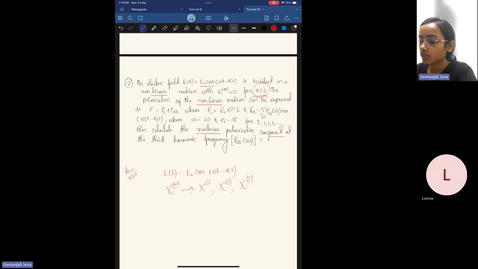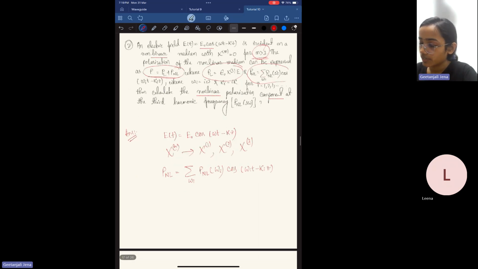The polarization of the nonlinear medium can be expressed as P equals PL plus PNL. This we have already seen in the lecture. The PL expression is epsilon chi 1 E, and PNL is in powers of E. For this question, you can express PNL as a summation of PNL at different values of omega i, times cos(omega i t minus ki z).